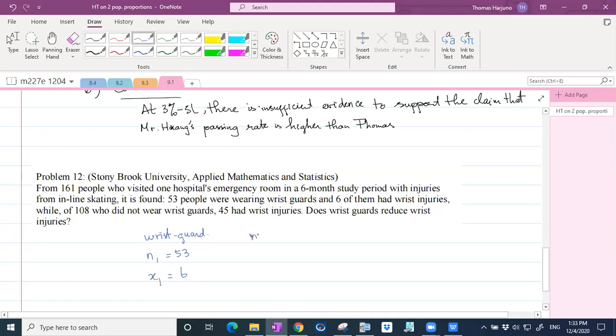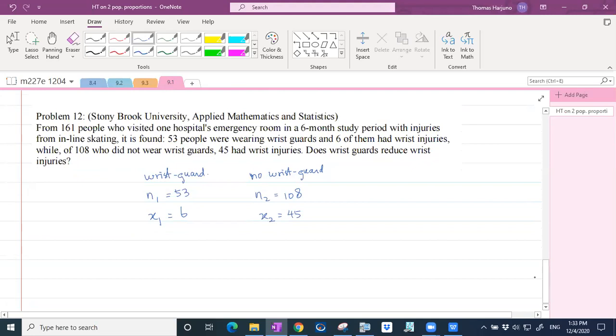Now those without wrist guards, 108 of them didn't wear wrist guards. 45 of them had wrist injury. The question is, does wrist guard reduce wrist injury? So we want to show that the first group proportion is less than the second group proportion. That will then be the alternate hypothesis.